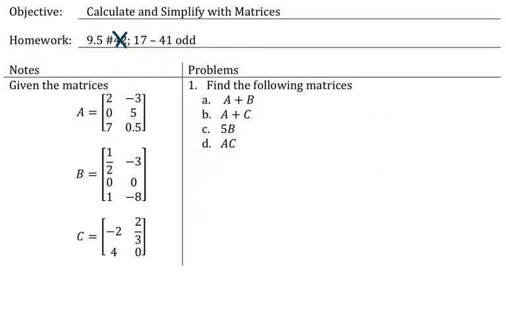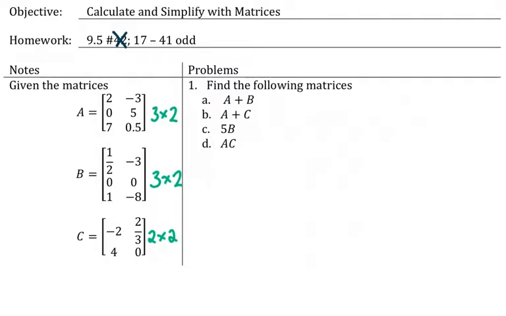Now for B, it's saying, oh, A plus C. Well, you might think, oh, that feels like it's going to be just as easy as part A. But one thing I would hope that you notice is that A up here is what we call a 3 by 2 matrix, as is B. It's rows and then columns, versus C, which is 2 by 2.